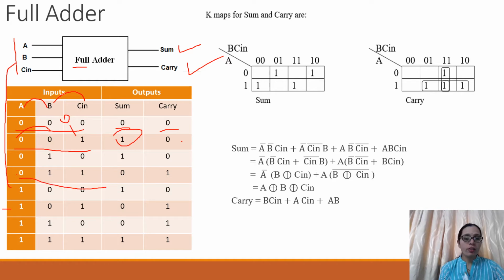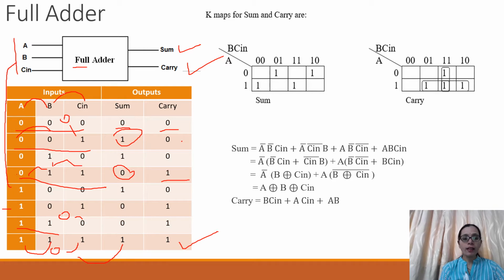Study this combination: 0 plus 1 is 1, 1 plus 1 is 0, carry 1. Again 1 plus 1 is 0, therefore 0, 0. For the last combination, 1 plus 1 is 0 and carry is 1, and 0 plus 1 is 1. Okay, so this is the way how this truth table is designed.